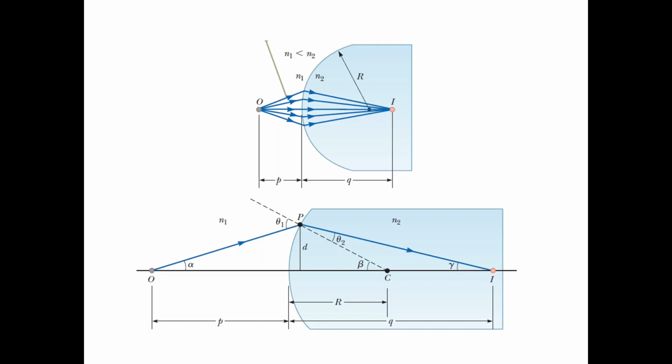So the thing is that if we consider some previous examples, because here it looks like we concentrate this light which originates from the object.